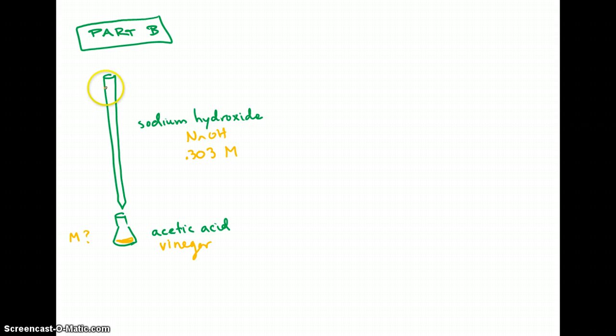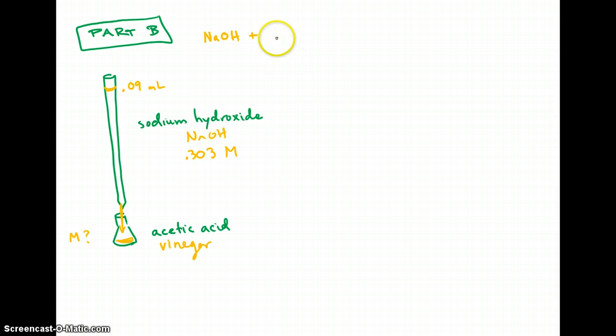So let's say we fill this burette with sodium hydroxide and we fill it to the 0.09 milliliter line. What we now need to realize is that we are going to be adding sodium hydroxide to the vinegar. All right, I want to see what that neutralization reaction actually looks like, because again, I'm going to need that mole bridge thing. So sodium hydroxide is NaOH.